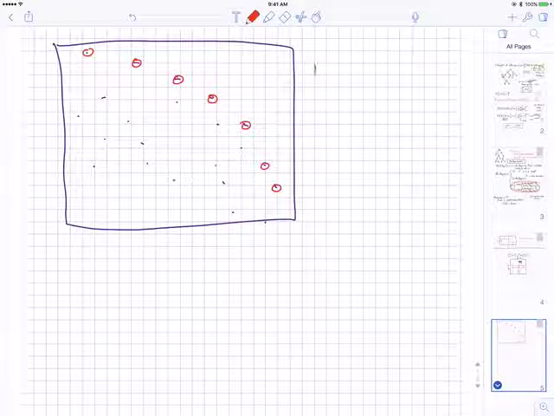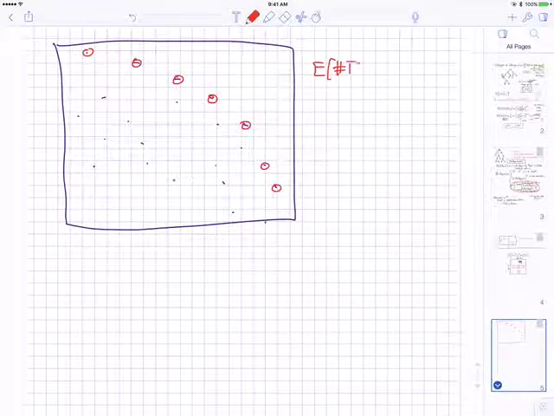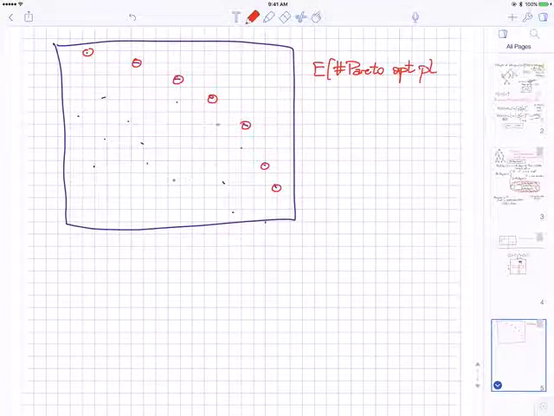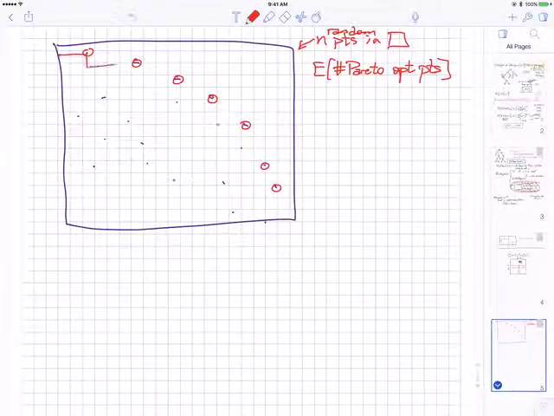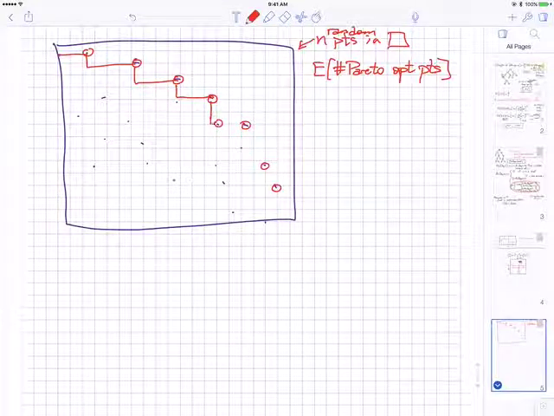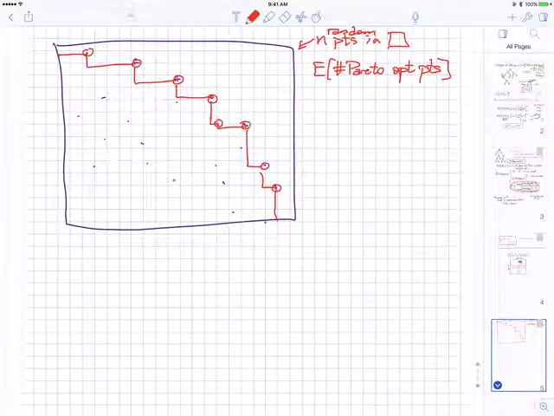The question is, what's the expected number of Pareto optimal points, given that I've got n random points in this unit square? There's this notional staircase that I can draw. And so the question is, on average, how many points are on the staircase?